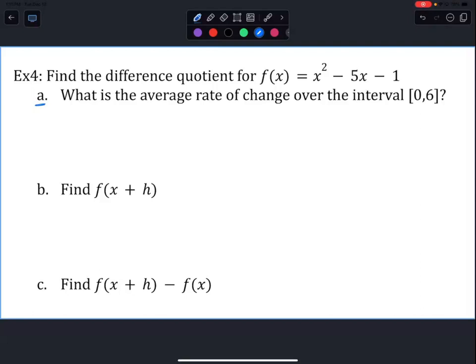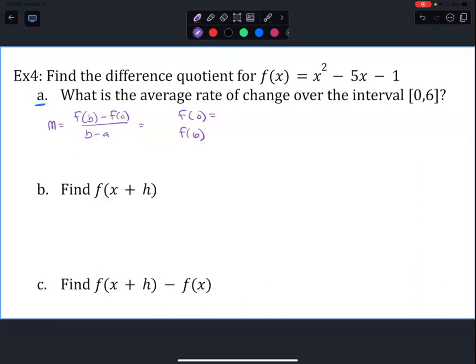So let's do this traditionally. So to find the average rate of change, I'm going to use the formula m equals f of b minus f of a over b minus a, which means what? I'm going to find f of 0, excuse me, and I'm going to find f of 6.